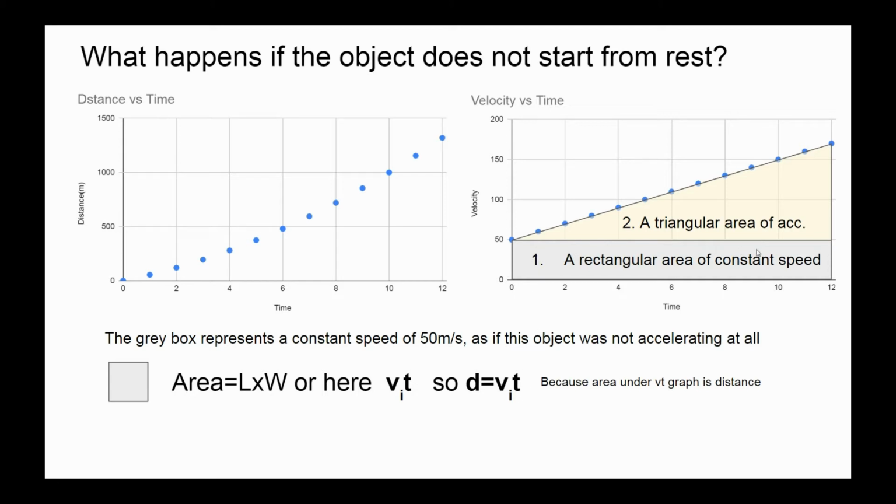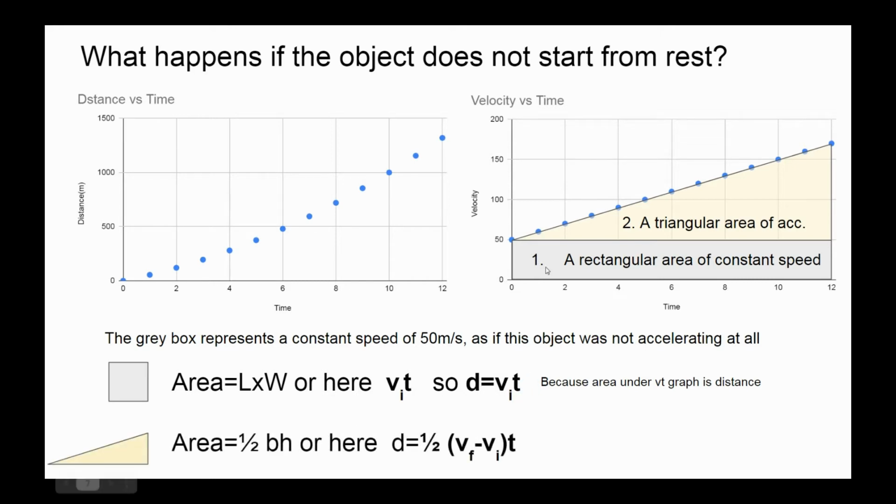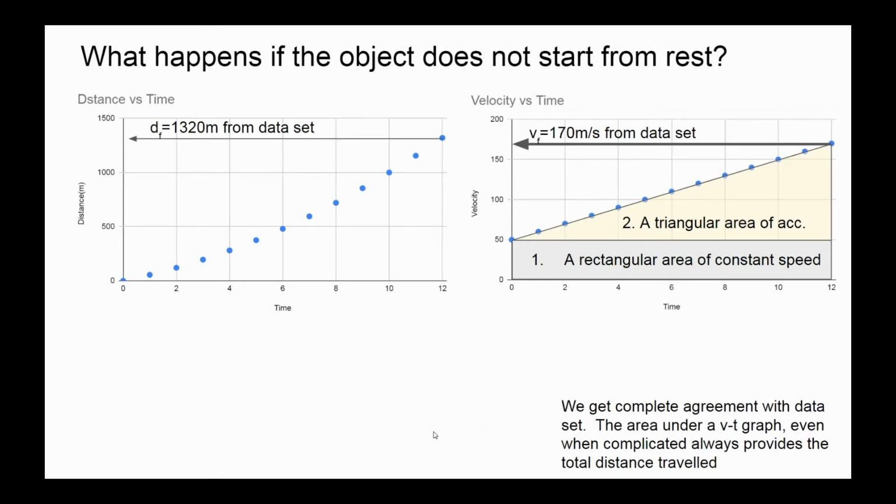So the distance covered in this area is vit, which makes sense. The area of the triangular shape starts at vi and goes to vf. So the 1/2 base times height becomes 1/2 vf minus vi times t. So we wind up with the total area under the curve is the addition of these.